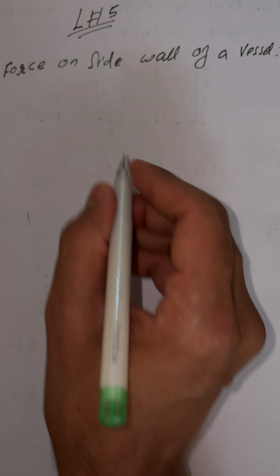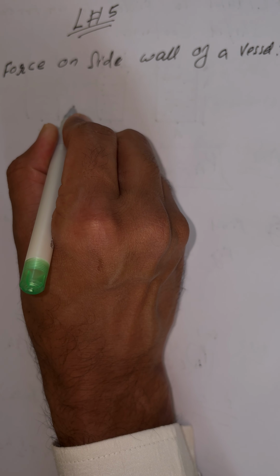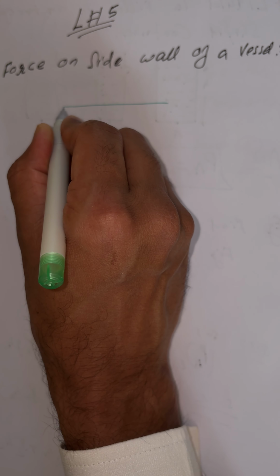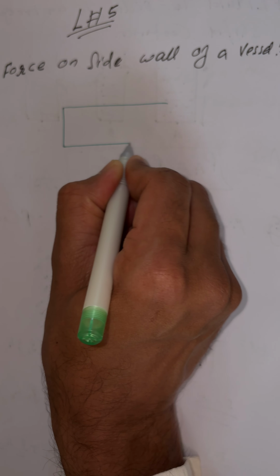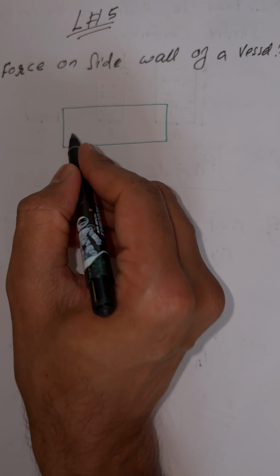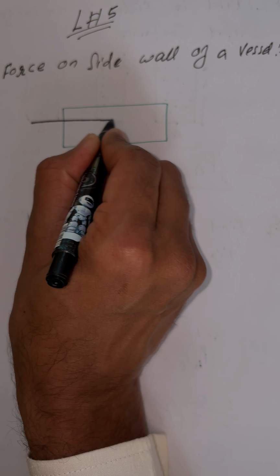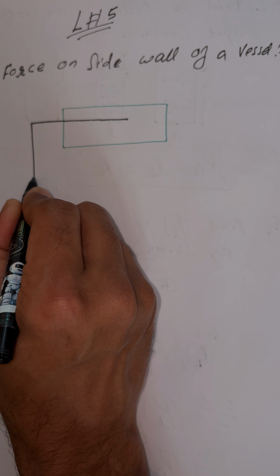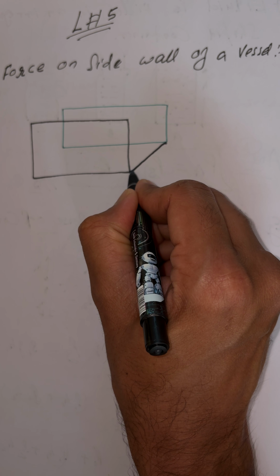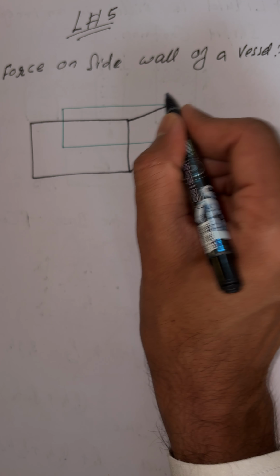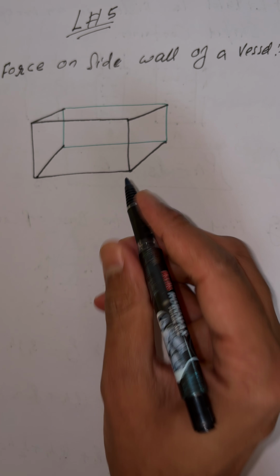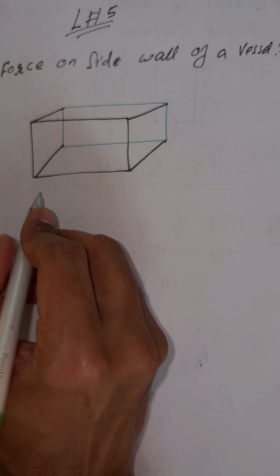First I'll just draw the diagram. So you can say this is, my dear, a cuboid. So this is the cuboid. Students, here I can say a few basic points.